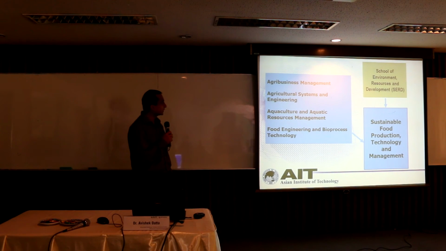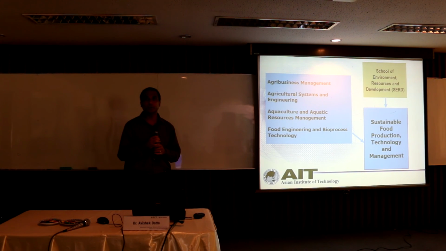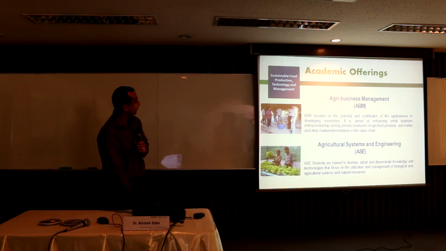First one is agricultural systems and engineering and agribusiness management. Second one is aquaculture and aquatic resources management. And third one is food engineering and bioprocess technology. My colleague Dr. Locke will also, after me, give you a brief overview of food engineering and bioprocess technology research, whatever they are doing.